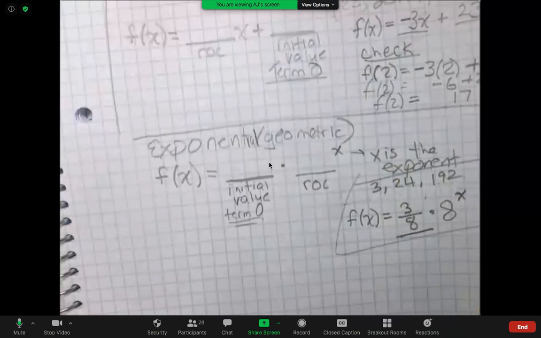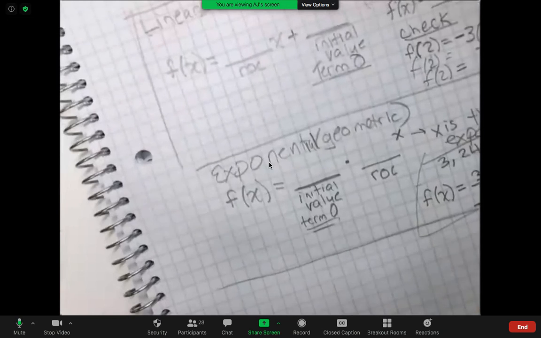Okay, let's try these because these are a little trickier. So I'm going to give you 2 examples here.